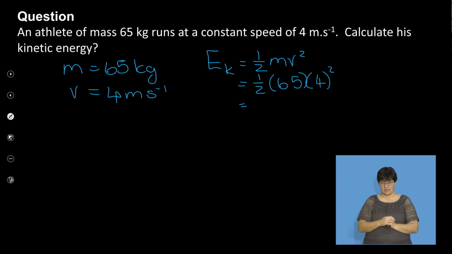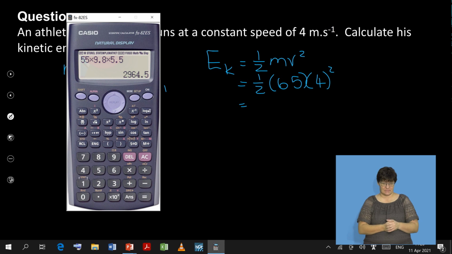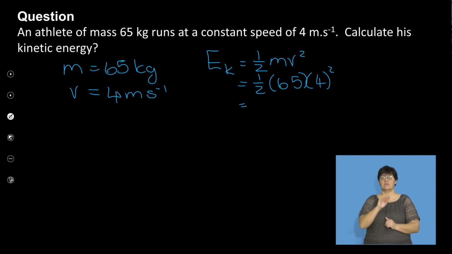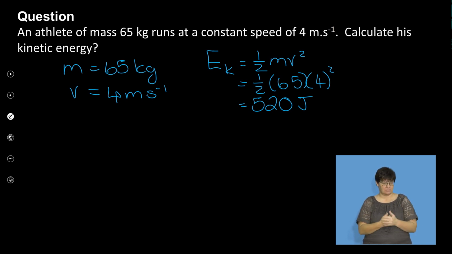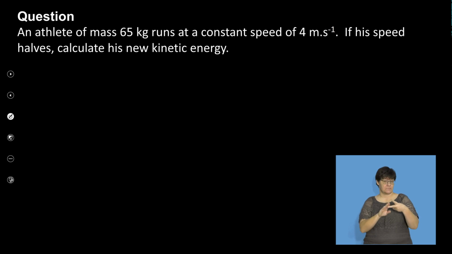We absolutely need our calculators. So 0.5 times 65 times 4 squared, 520. That's okay, it's not a bad one. He's not that heavy. I'm okay with that.